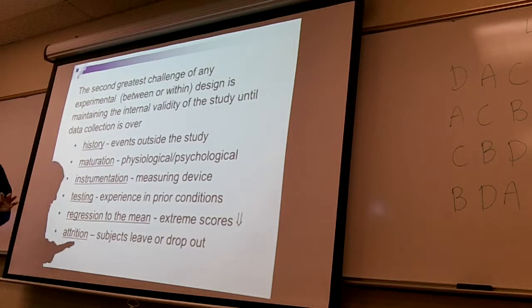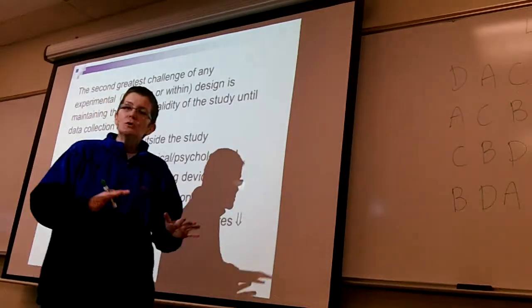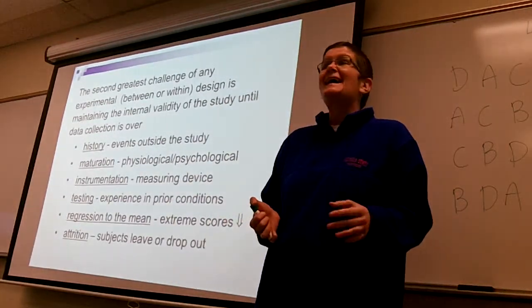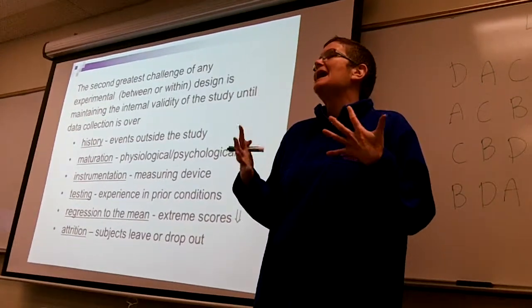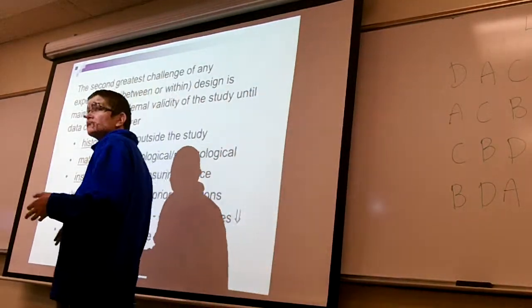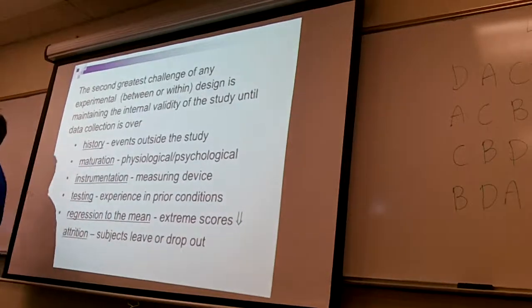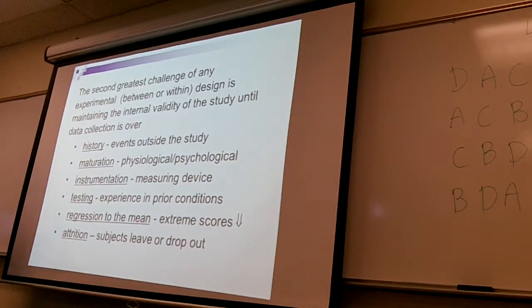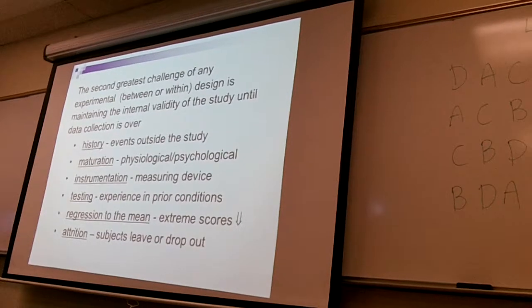And even the best calibrated device will lose some of its calibration as you use it. That's just how it works. And depending on how much the equipment changes in how it measures, you might get better data at the beginning than you do at the end because your equipment isn't measuring things in the same way.